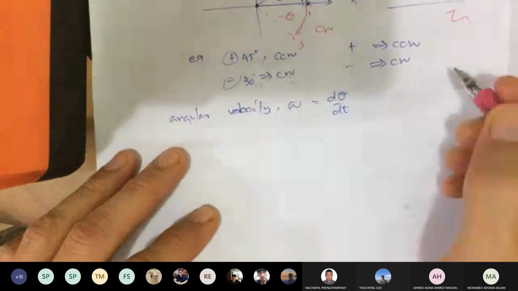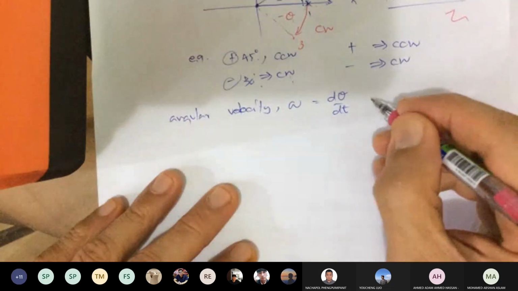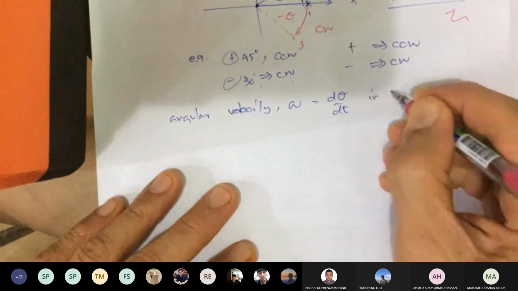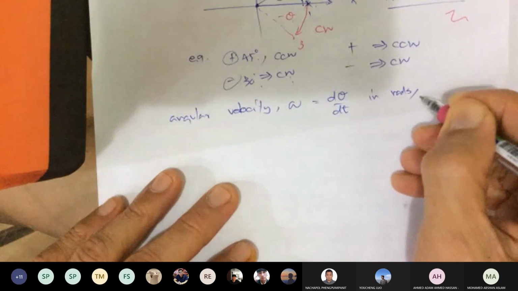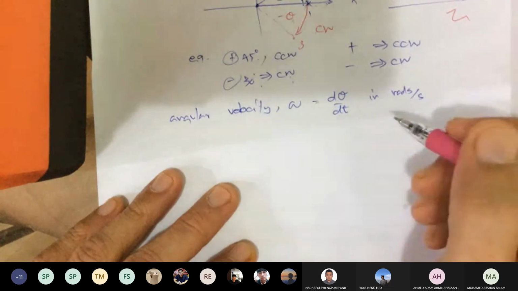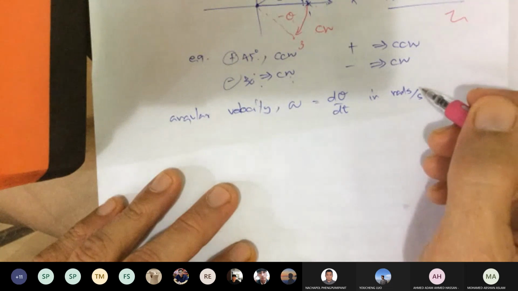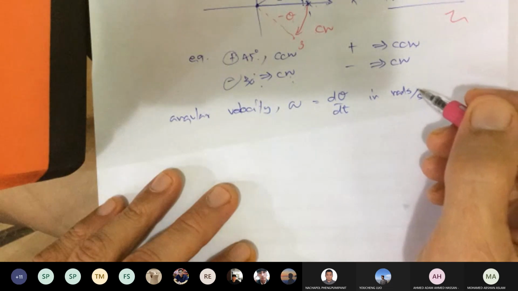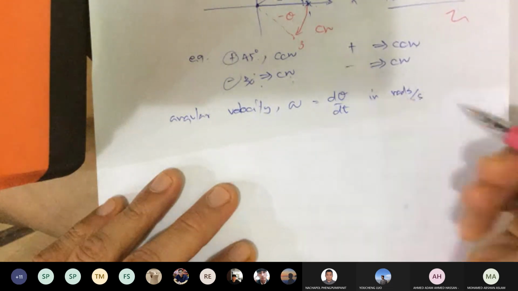The most common unit that we know is radians per second. It's very uncommon to express this in degrees per second.